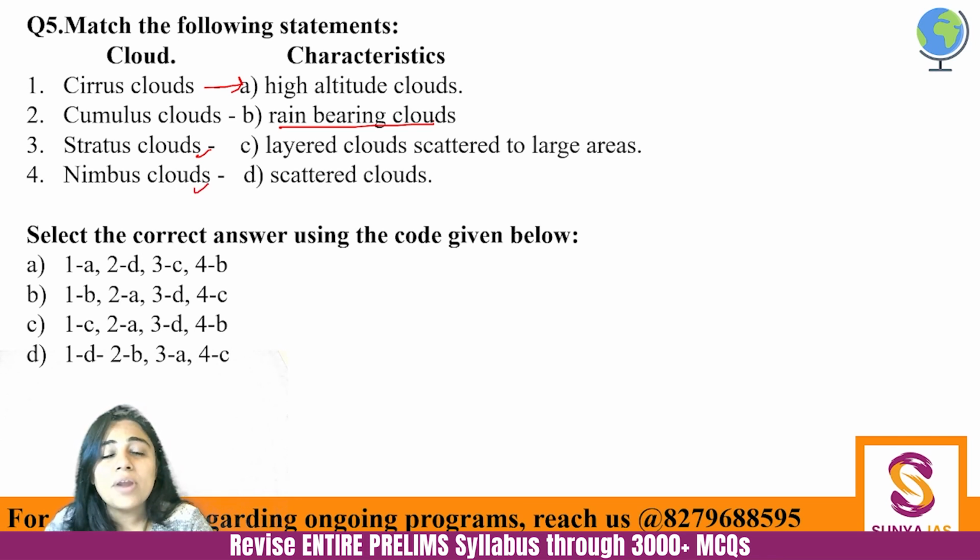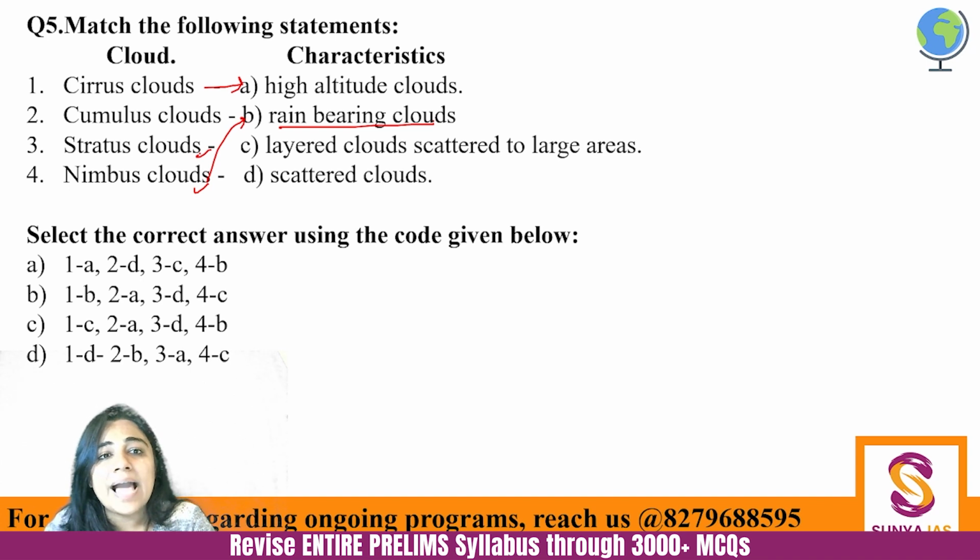Rain bearing clouds will be coming from nimbus, because I told you that nimbus clouds are the black clouds which are opaque to the incoming sunlight, and that's why they are black clouds. Black clouds are the ones that rain. So cumulus clouds would not be rain bearing clouds. Nimbus would be rain bearing clouds.